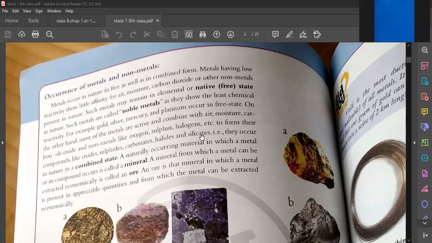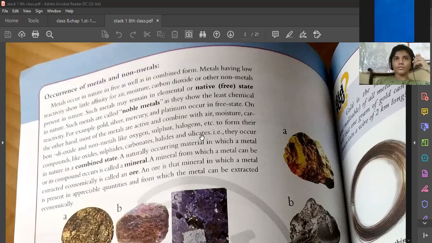Then we have discussed the minerals in the combined state, right? In which form do they combine? We are discussing the minerals in the combined state, but in which form are they combined in the earth crust?